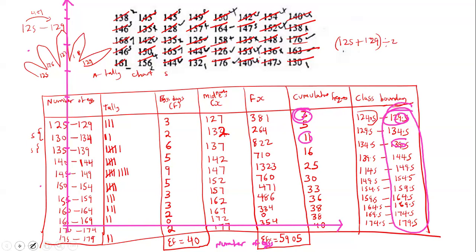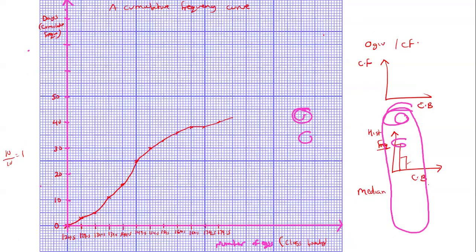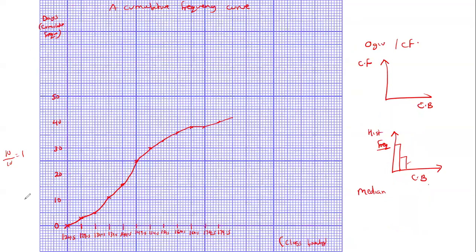Now after that, we are going to first get the median position. That is always the first thing you get. Median position is summation of f out of 2, which is 40 out of 2, equal to the 20th position. Now you come on your graph, use a ruler, and look out for where you have the 20.